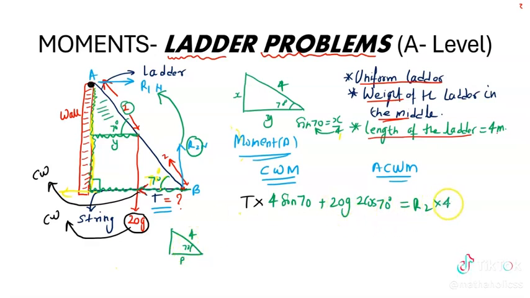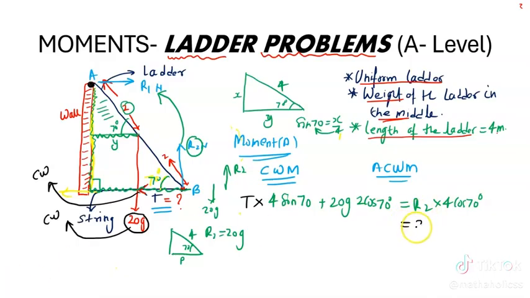So R2 times 4 cos 70 degrees. Is that okay? Now, what should be R2? R2 is an upward force and 20G is acting down. So R2 equals 20G.